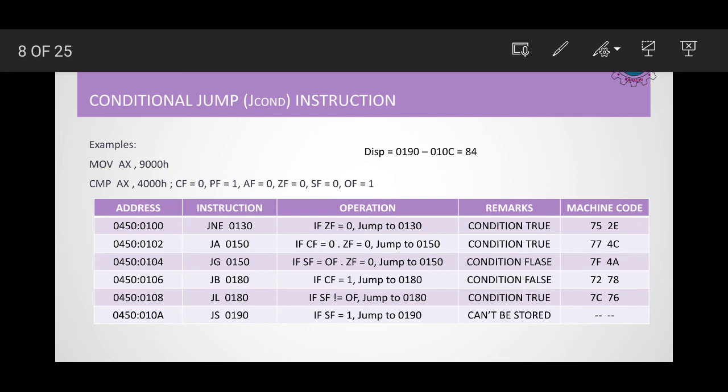So your destination IP or new IP value is crossing the limit for forward displacement, that is 7F. So that instruction may not be stored in memory. The assembler will be generating an error specifying that the new IP value is not within the limit. So that instruction may not be stored in memory, and will not be converted into machine language.